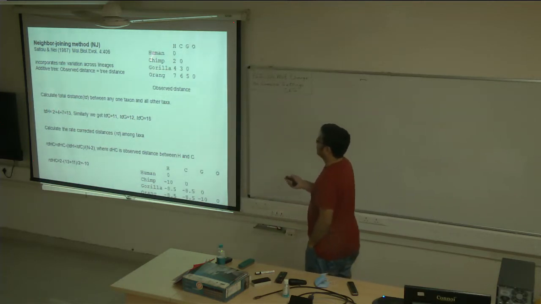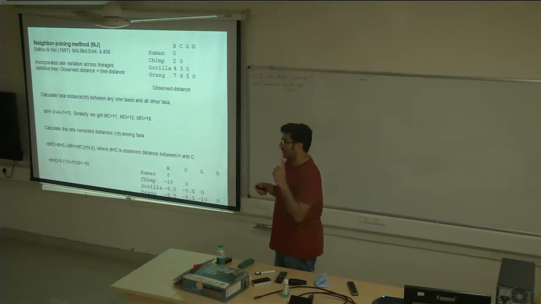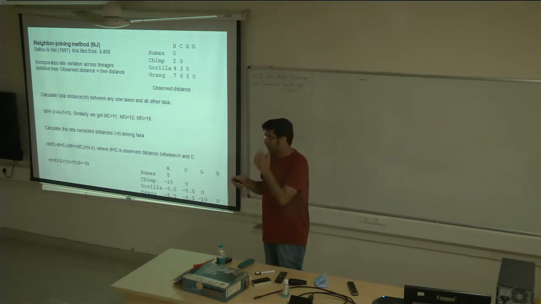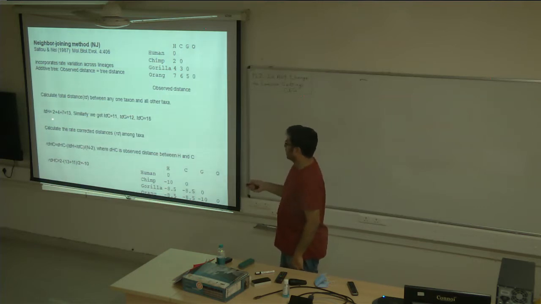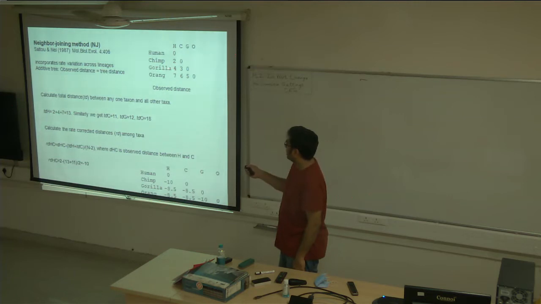Here, first it calculates the total distance, the total distance of any one taxon with all the other taxa. For example, the total distance of humans is the difference of humans from chimp, gorilla, as well as orangutan.